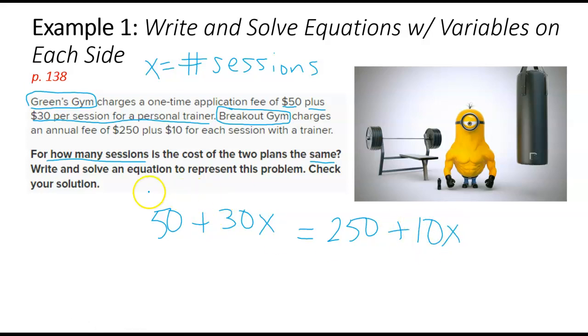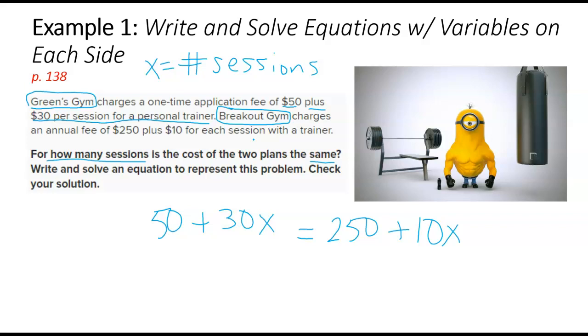So you could almost take this word for word to write the equation. 250 plus 10 per session would mean 10x. And then once you have the equation, it's solving like we've been doing the last few days. But again, pause, rewind, reread if you have to make sense of where this equation comes from.